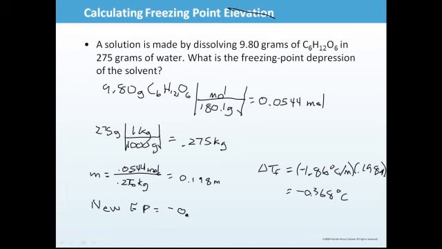So when you're doing water, the delta T is of course also going to be the new temperature. But that's only for water since the freezing point is 0. Again, if you're dealing with a different solvent, you then subtract it from the freezing point of that particular solvent. Alright, so let's try another one.